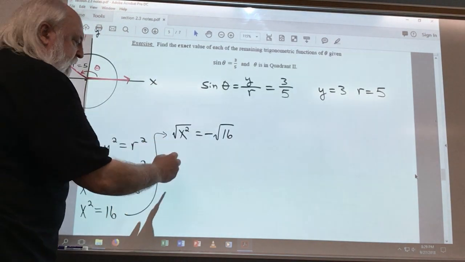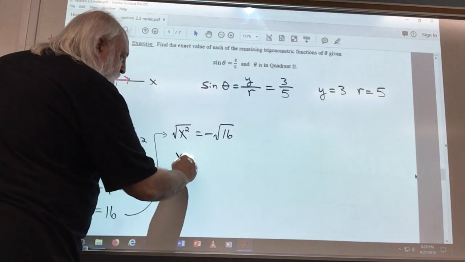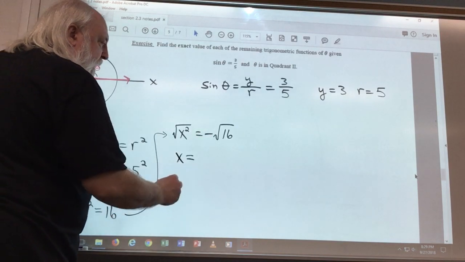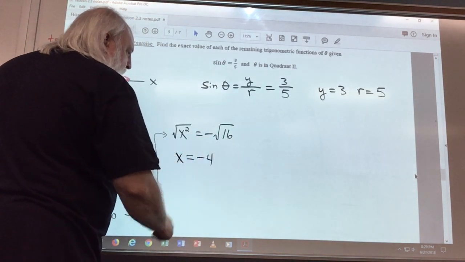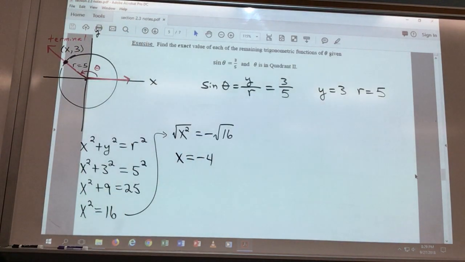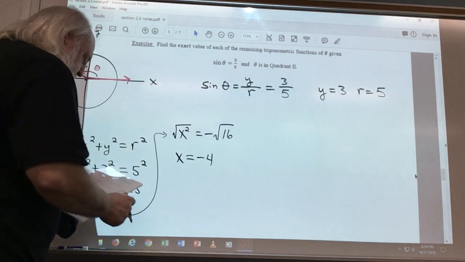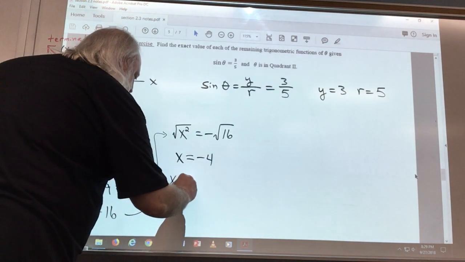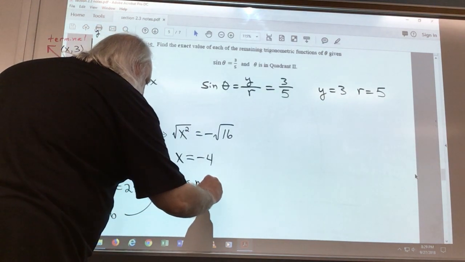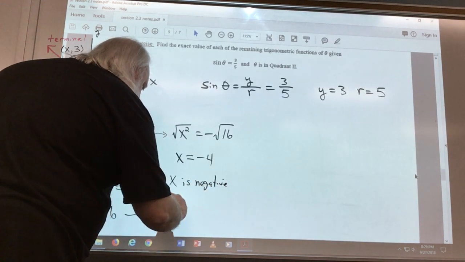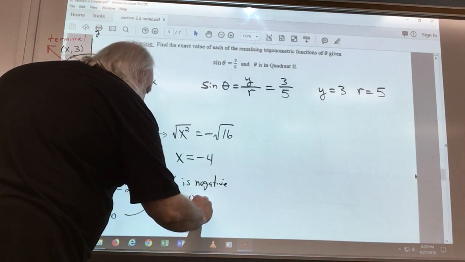So square root of x squared is x, and minus square root of 16 is minus 4. So x isn't equal to plus 4, it's equal to minus 4, because x coordinates are negative in quadrant 2.